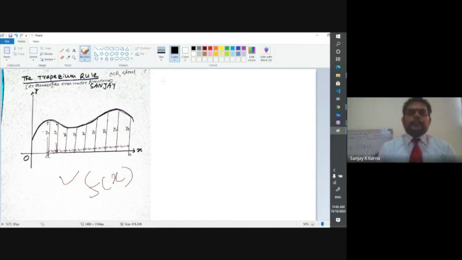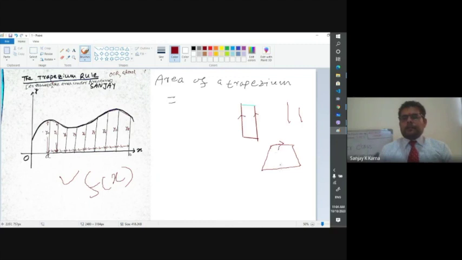Before we go further into the trapezium rule, you have to understand the area of a trapezium. A trapezium looks something like this. If these two sides are parallel, it is called a trapezium.